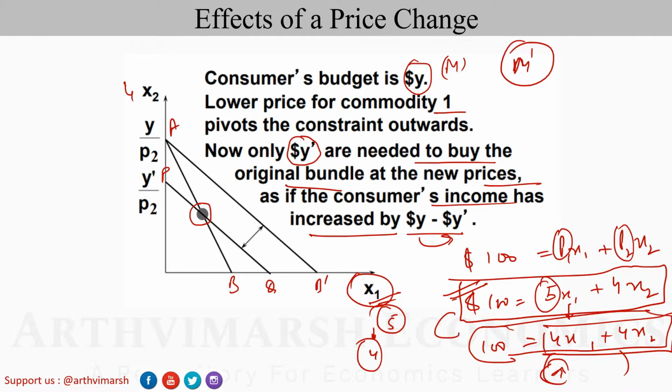It is similar to saying that when you are moving to such a constraint, your income has increased. We can interpret it in that sense also. So that's why they are saying that we shifted from $Y or M to M prime, which means this is M and this is M prime, or this is $Y prime and this was the $Y budget line. So this is about it.